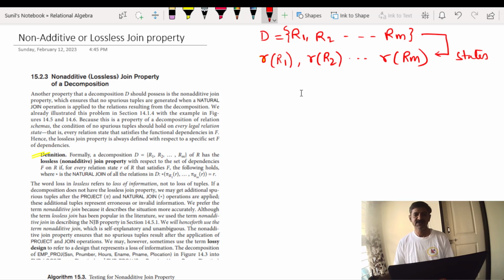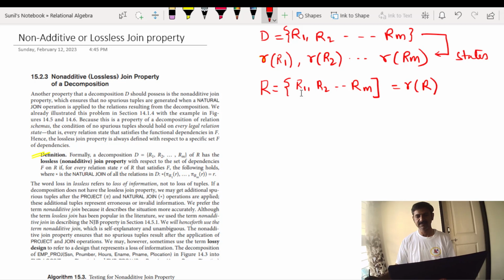If the universal relation R were to comprise of all the attributes of R1, all the attributes of R2 and all the attributes of Rm, this R would have its own state r(R).